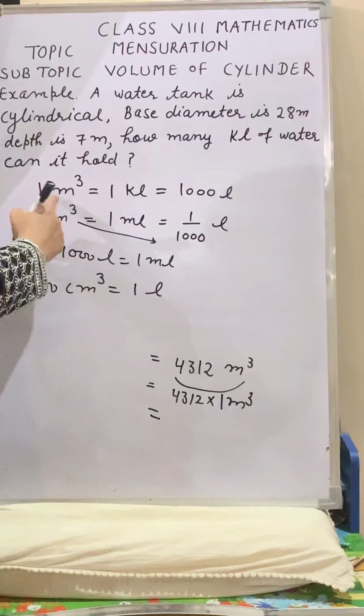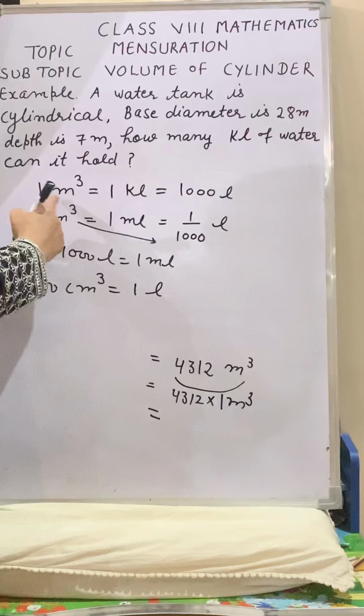Now we have to convert meter cube into kiloliters, but how? Understand it. One meter cube is 1 kiloliter. And 1 kiloliter means 1000 liter. 1 centimeter cube is 1 milliliter.